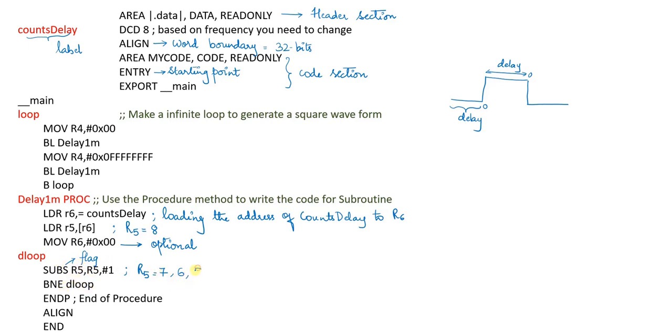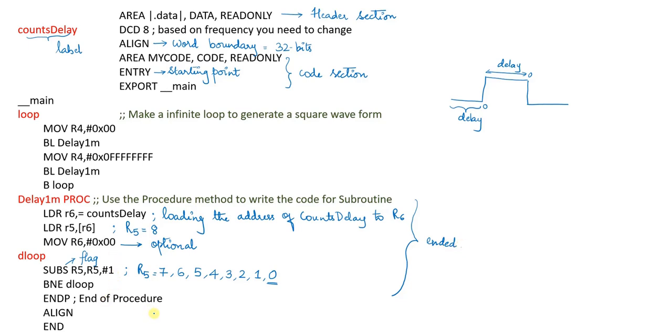Now the value of R5 becomes 5, again not equal to 0, it moves to the loop, becomes 4, and this way you go on reducing the count of R5 to 2, 1, and the moment it is equal to 0, you are going to come out of this loop and end the procedure. That means this entire execution gets ended.